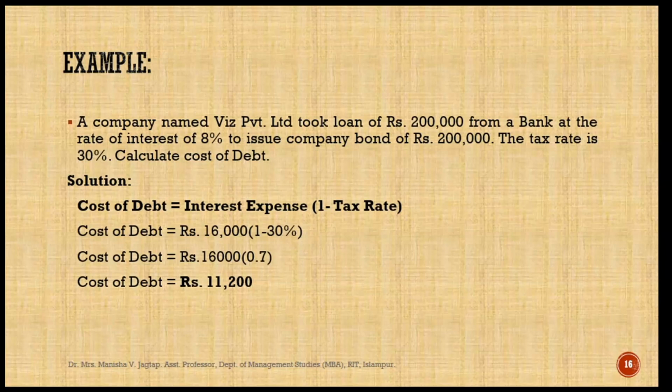That means the cost of debt is less than the interest expense. Why is it so? It is because the interest payment to the debenture holder is tax deductible, and that's why the cost of debt is lesser than the interest expense.